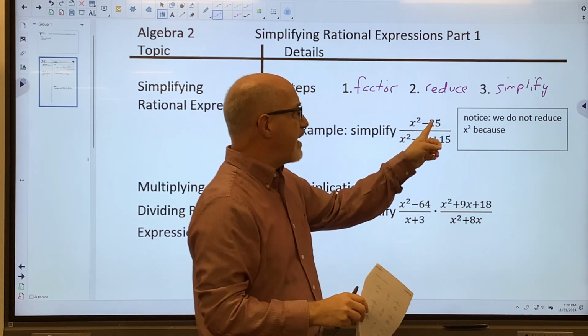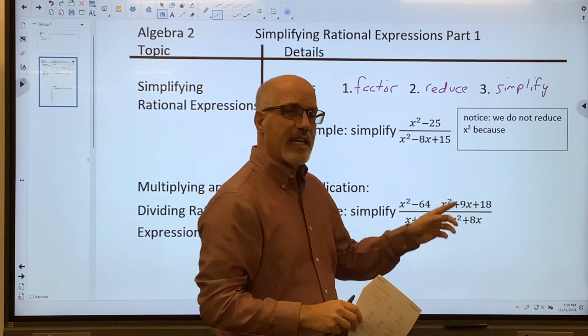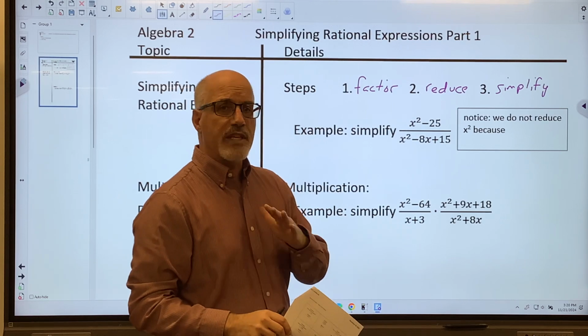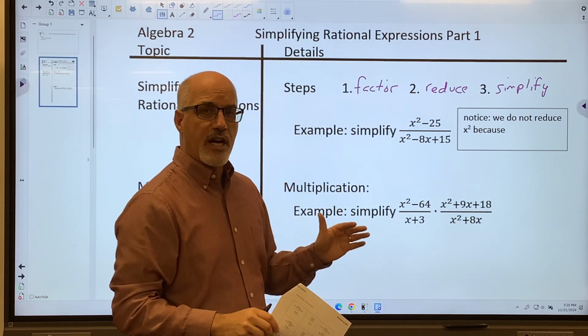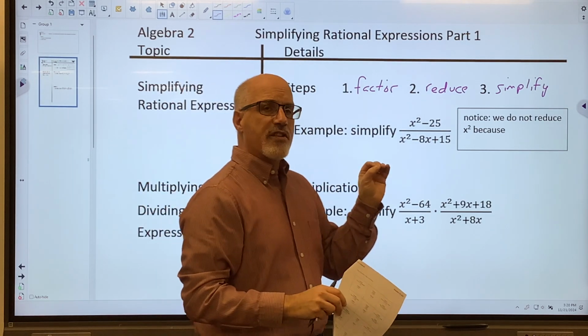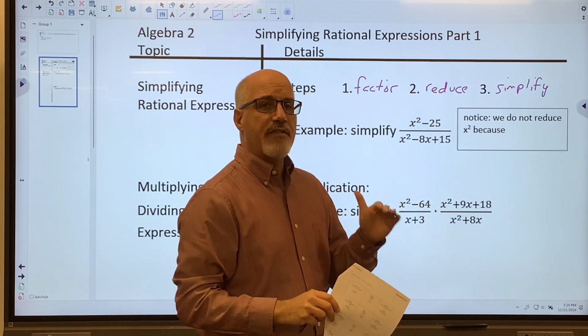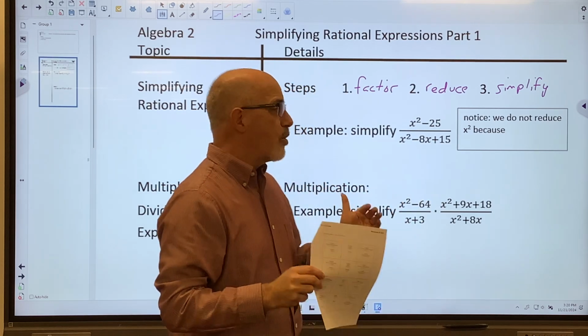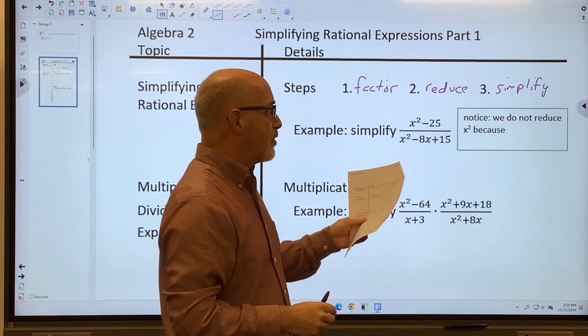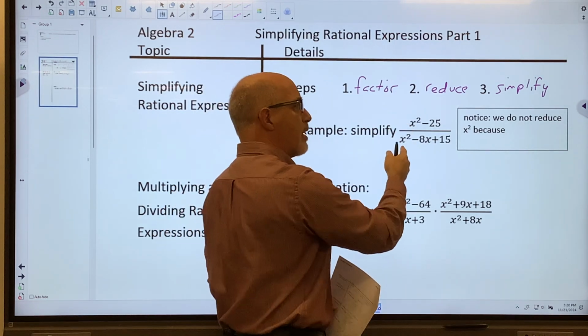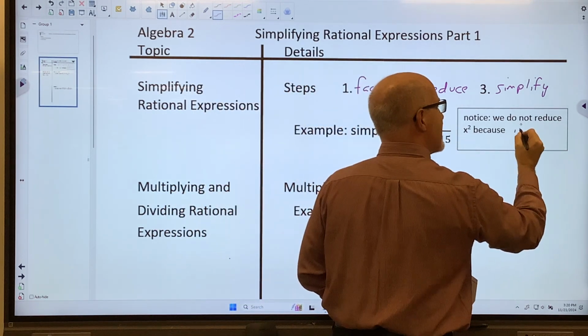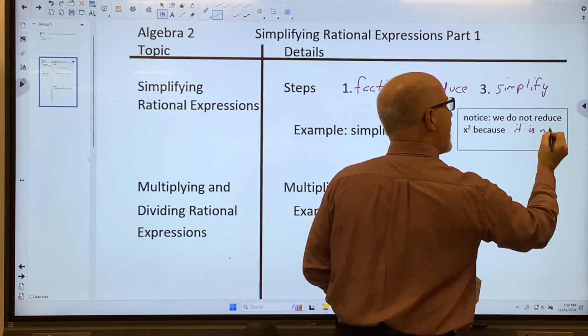Now 5 is a factor of the 25 and the 15, but it's not a factor of the entire numerator and the entire denominator. So if it's just a factor of a term, don't reduce it. It has to be a factor of the entire numerator or the entire denominator. So notice we do not reduce the x squareds here because it is not a factor.